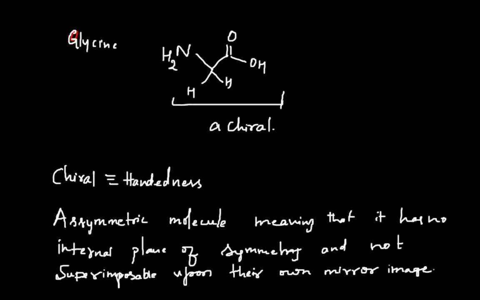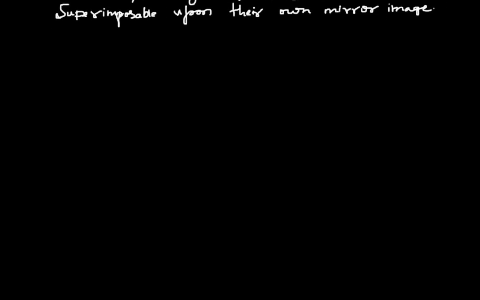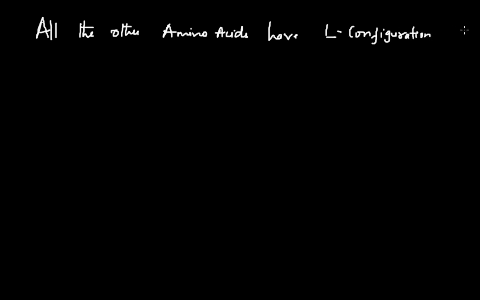Except glycine, all the other amino acids are chiral, and all of them have the L configuration at the alpha carbon.